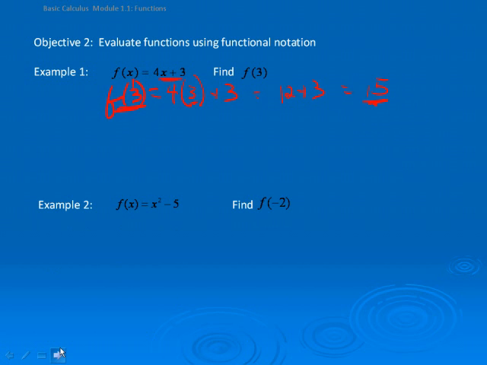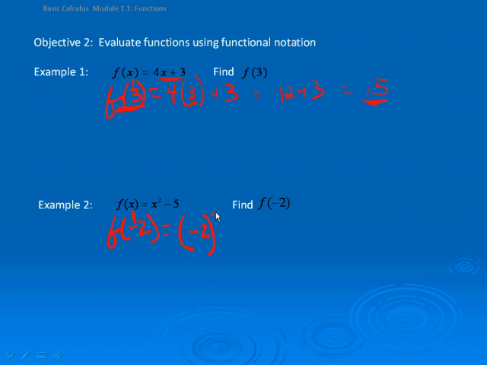All right, in our next example, we're doing the same type of concept. We're going to find f of negative 2 if f of x is equal to x squared minus 5. So I always put the f of negative 2 right under there, so it's easy for me to visualize that x and negative 2 are being substituted. So I'm going to put negative 2.